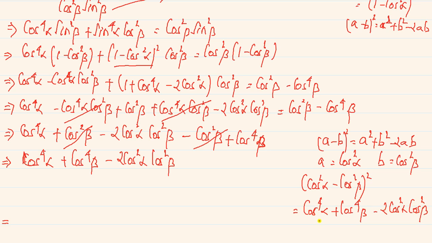So cos to the power of 4 alpha plus cos to the power of 4 beta minus 2 cos square alpha cos square beta can be replaced by cos square alpha minus cos square beta the whole square.